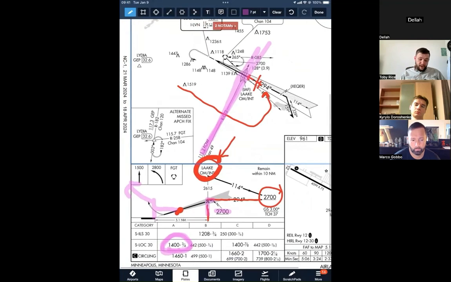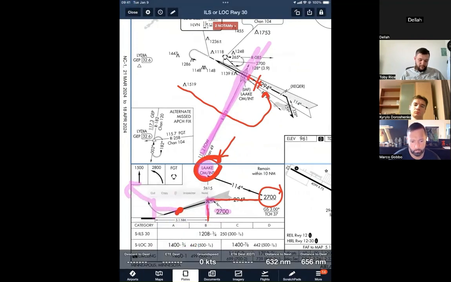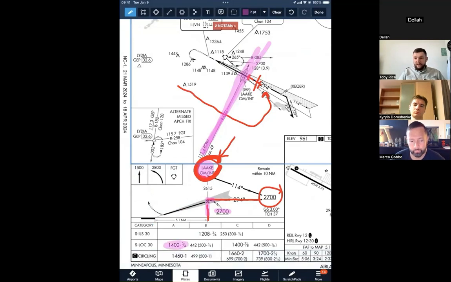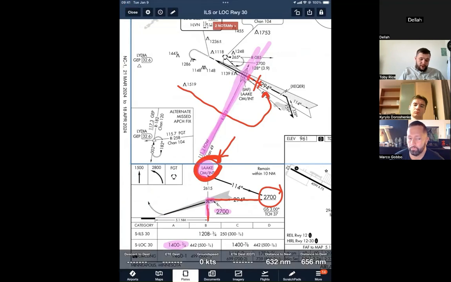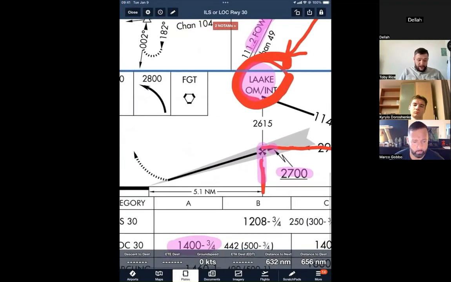Second thing is, once you cross Lake, what do you do? Once you cross Lake, you descend to 1400. Those are your minimums. That's your minimum descent altitude. So you would simply drop down and descend.